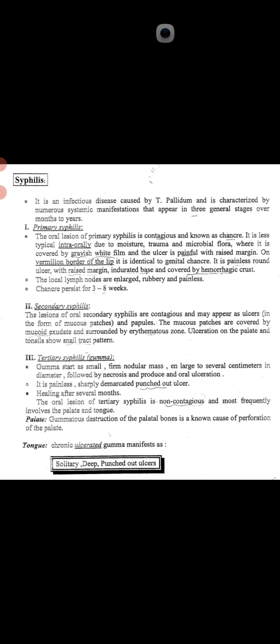On the tongue, the chronic ulcerated gumma manifests as a solitary, deep punched out ulcer. In tertiary syphilis, the important thing is gumma: painless, not contagious, mainly involving the palate and tongue. In the palate, the known cause of palatal perforation is the gumma.